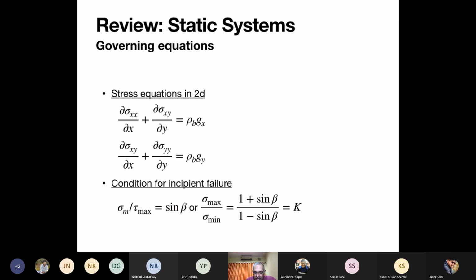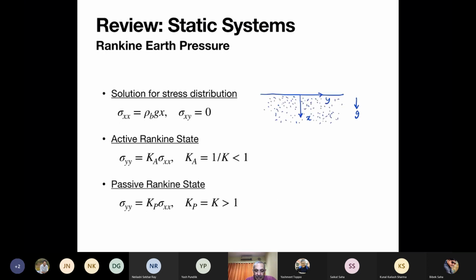And this is exactly equivalent to saying that the maximum to minimum principal normal stresses are in the ratio k, which is 1 plus sine beta divided by 1 minus sine beta, where beta is the angle of internal friction. So this way we have a complete set of equations. There are 3 equations and 3 unknowns, and we can solve problems.